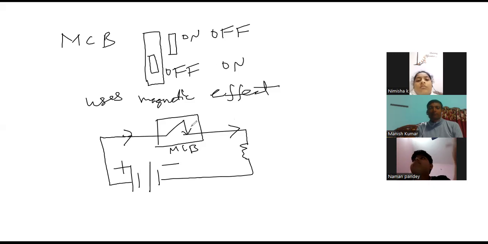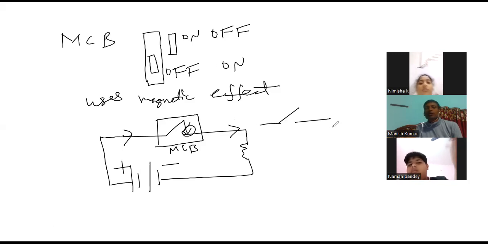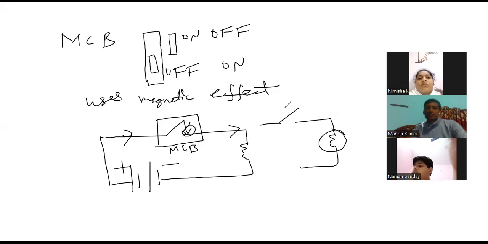This is the condition when the current is flowing normally. Now if this switch is cut off from here and it is open, then the circuit is cut, and current can't flow. And the resistive component here is safe when there is a lot of current flowing at any instant of time. Is this clear to you both? Yes, sir. Should I clear this page? Yes, sir.